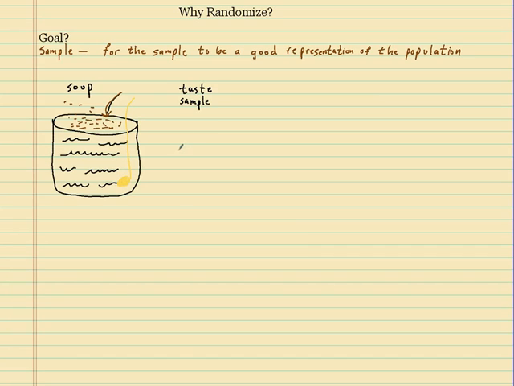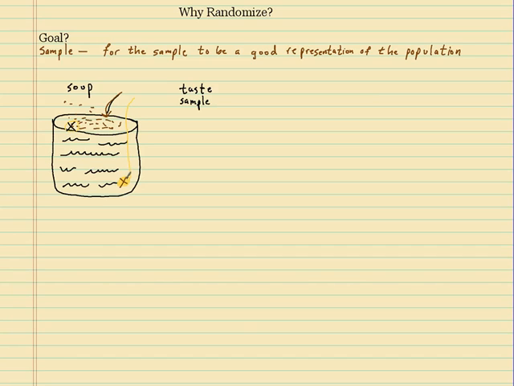Now when you take this out, you have to ask yourself, is this a good representation? Is this little spot right here a good representation of the whole? And you would say no, because you have all this salt. What happens if I just took a little snippet right here? What happens if I take this part up here? Now this is my sample.